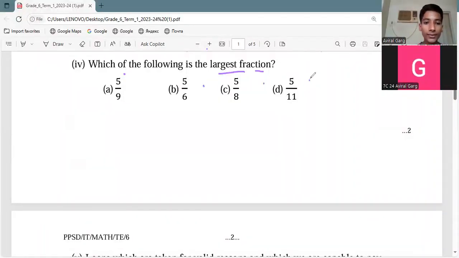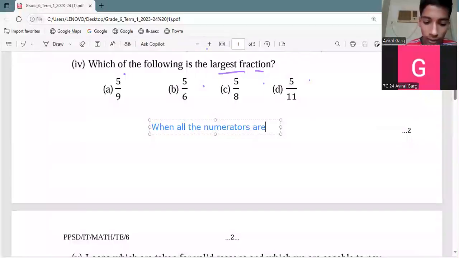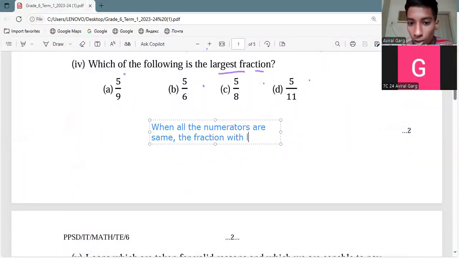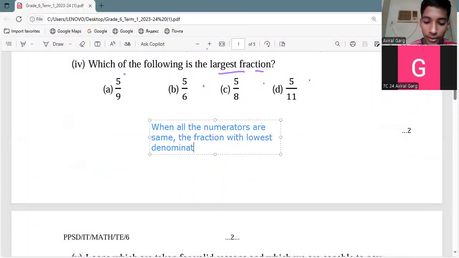When all the numerators are same, the fraction with lowest denominator is the largest one.